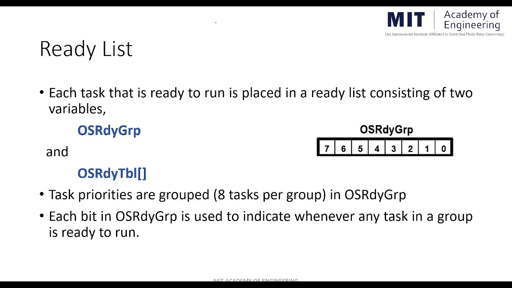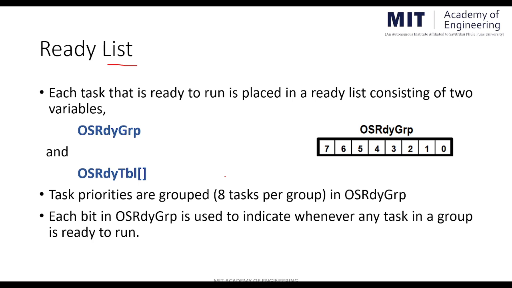So the topic is the ready list. The ready list is a very important list of the kernel which helps to understand how many tasks are ready to run. In the previous video on task states, we have seen that every task undergoes 5 different states, that is dormant state, ready state, run state, wait state and ISR state.